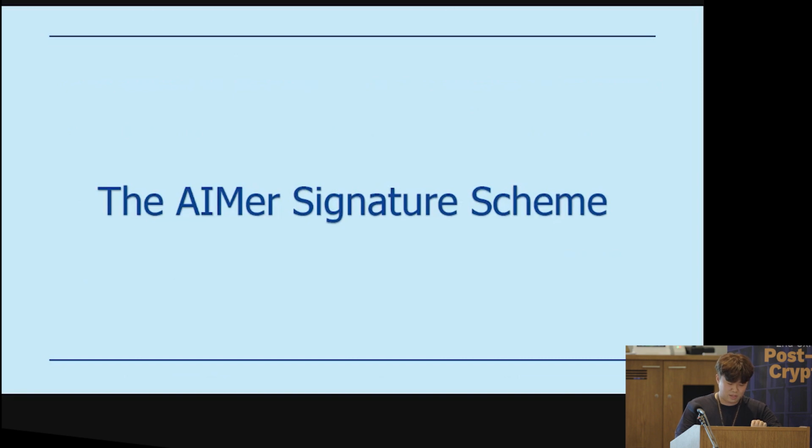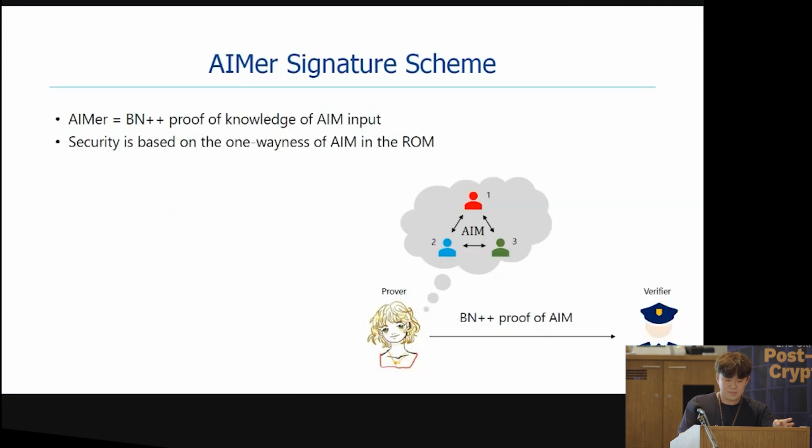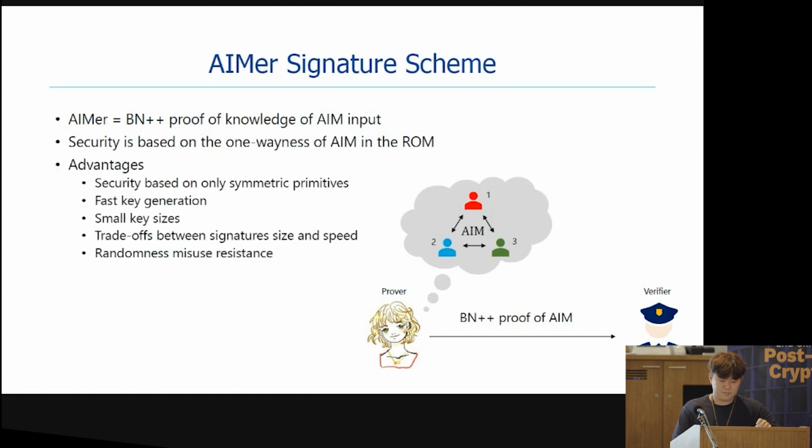Finally, I can introduce the AIMer signature scheme. AIMer is a BN++ proof of knowledge of AIM input, so its security is based on AIM in the random oracle model. There are a few advantages.